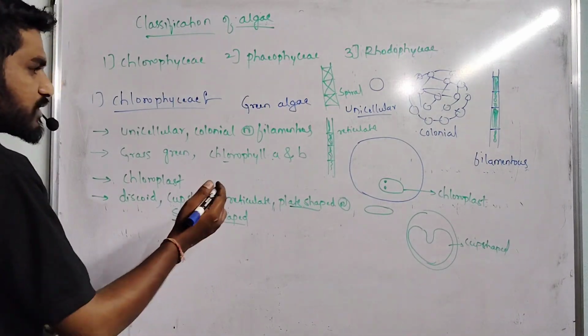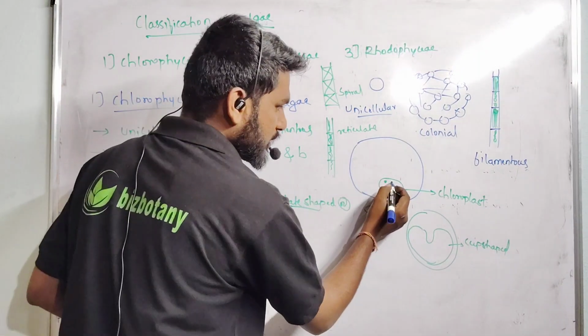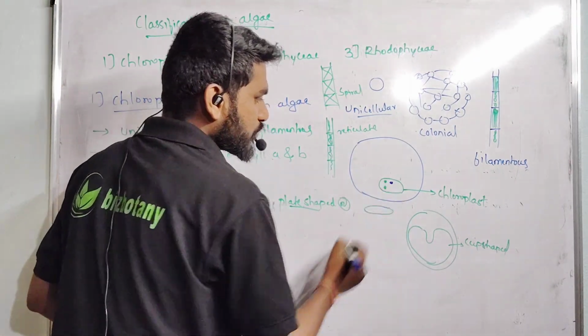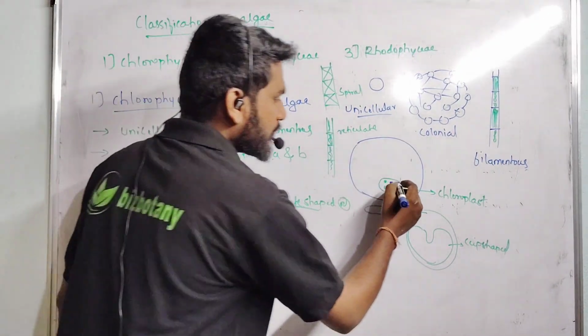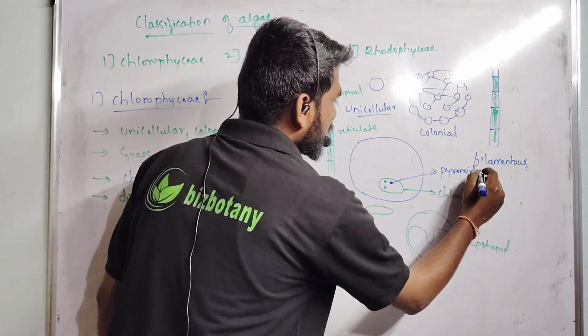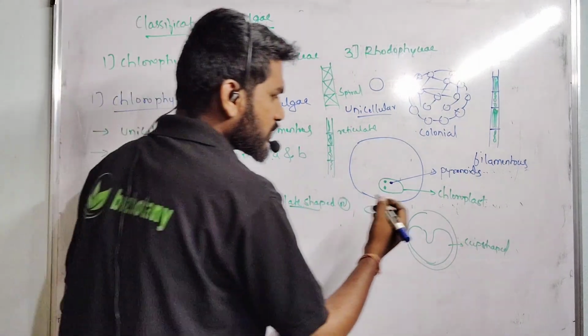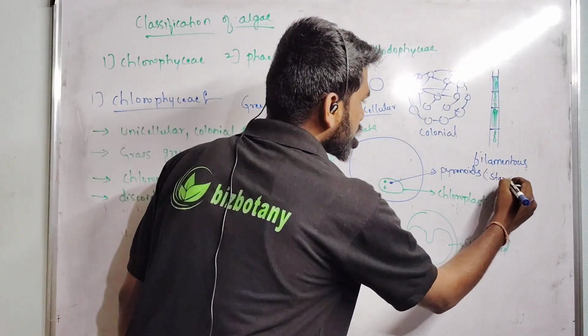Then inside this chloroplast organelle, some storing bodies will be present. We call them pyrenoids. In these pyrenoids, starch and proteins will be stored.